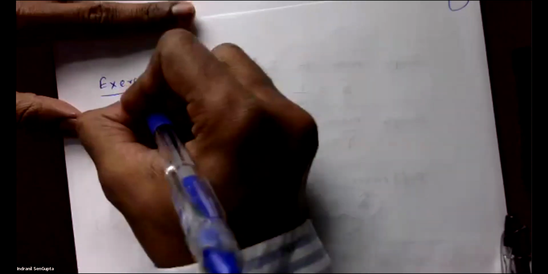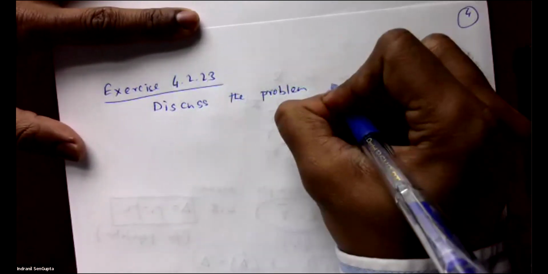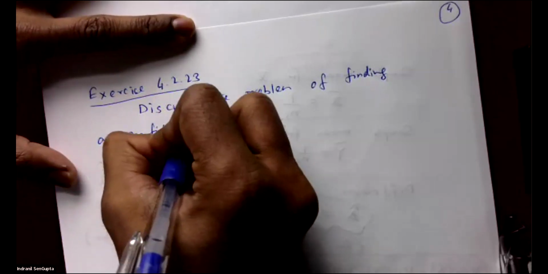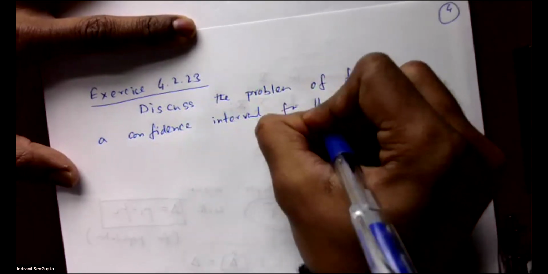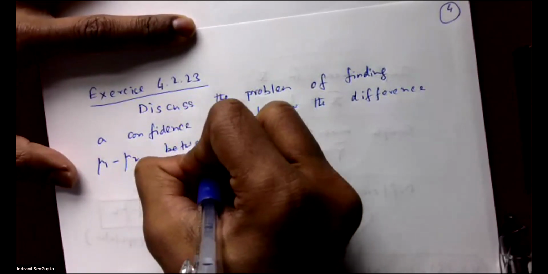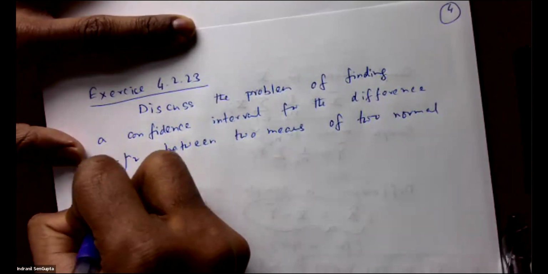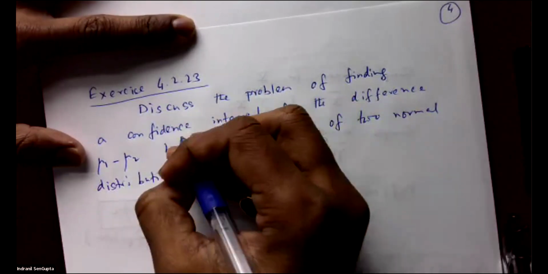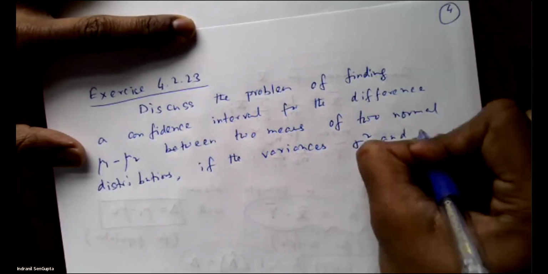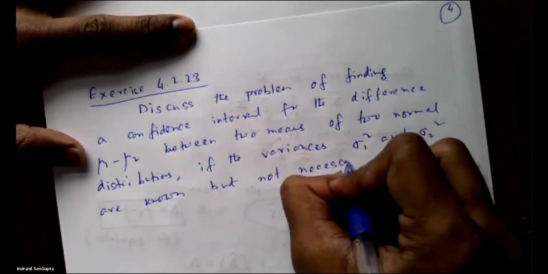Discuss the problem of finding a confidence interval for the difference mu1 minus mu2 between two means of two normal distributions, if the variances sigma 1 squared and sigma 2 squared are known but not necessarily equal.